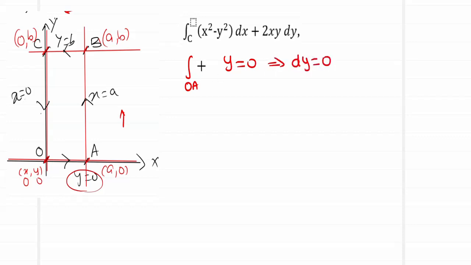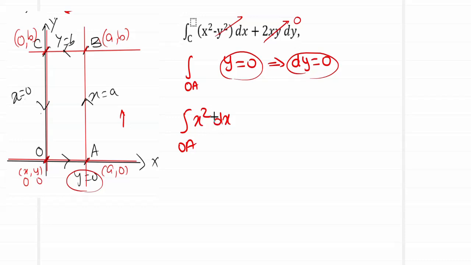This has to be evaluated for the expression x square minus y square dx plus 2xy dy. I will substitute y equal to 0 and dy equal to 0 over here. So this dy will vanish, this y square will vanish. So along OA I will be left only with the quantity x square dx.